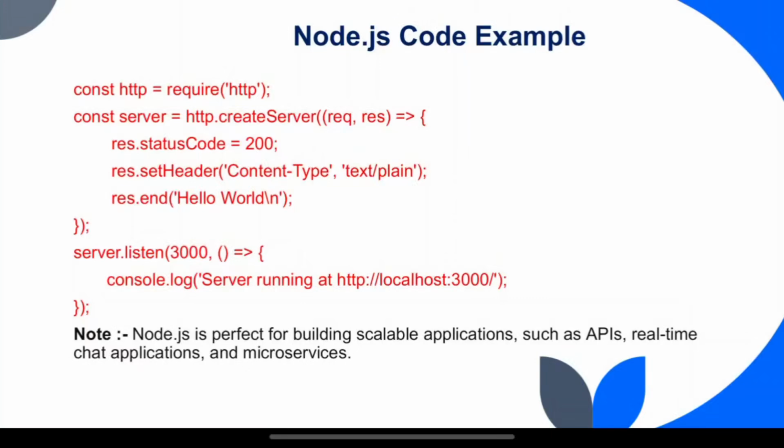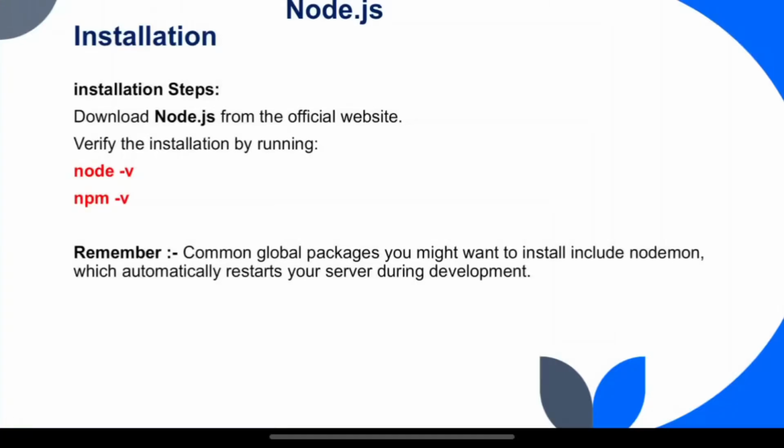So let's create a server using http.createServer. Response.statusCode equals 200. Set headers like Content-Type text/plain and send the response Hello World, and then server.listen. Node.js is perfect for building scalable applications such as APIs, real-time chat applications, and microservices.